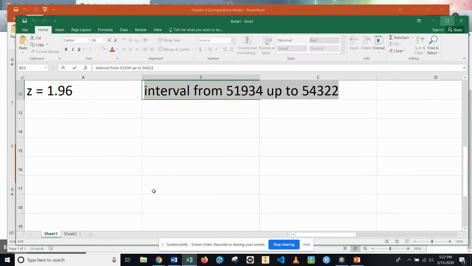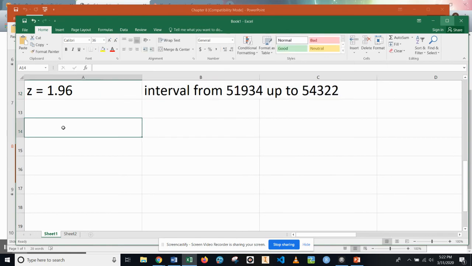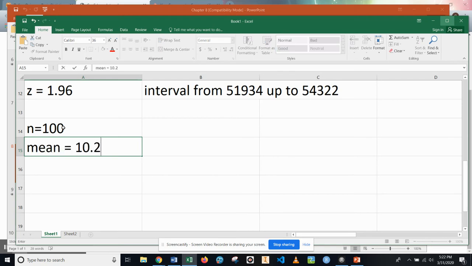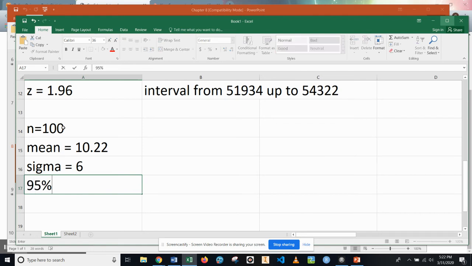So just like the last example, let's write out what we know. We have n is 100. We have a mean, this time 10.22. We have a sigma of 6, and 95% again, I think, which gives us a z-score of 1.96. Again, I don't have to recalculate that.